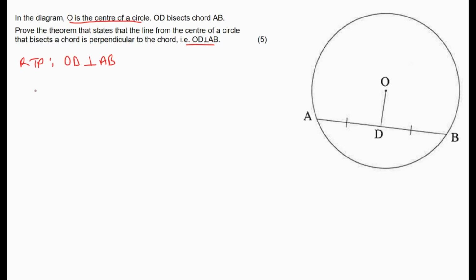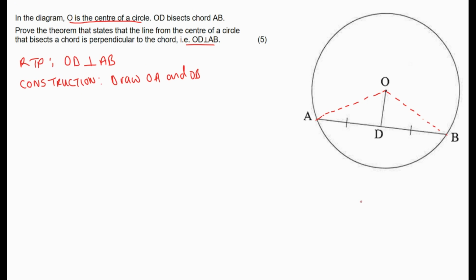We're going to construct OA and OB. Right, the radii. So we have radius OA, and then we have radius OB. Right, that's the construction we have to do.